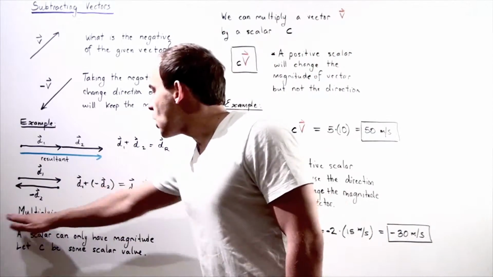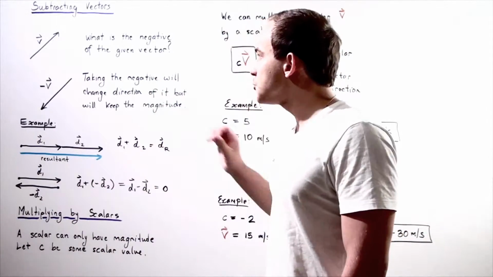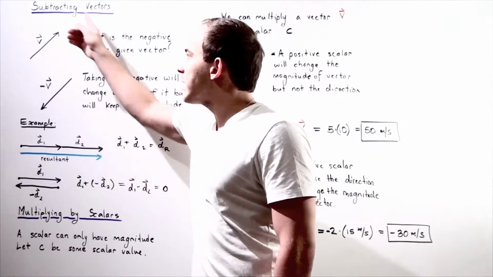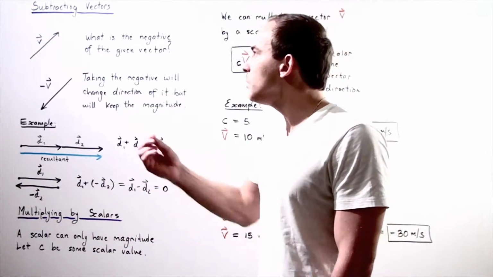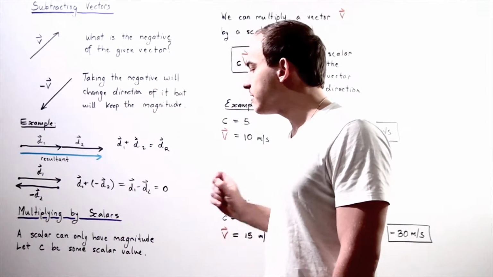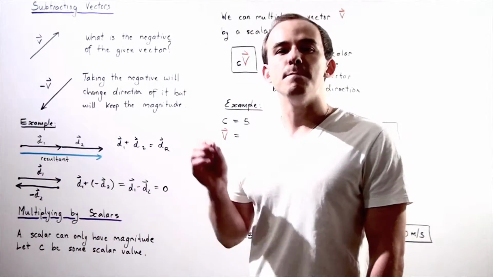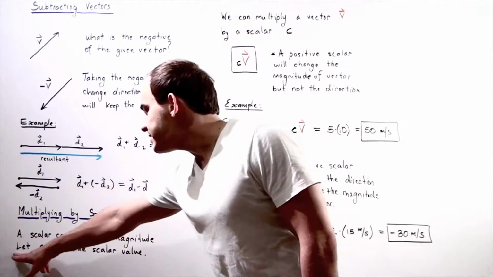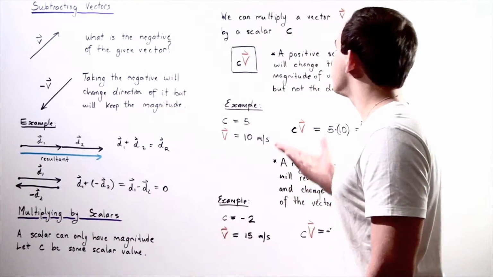Now, let's talk about multiplying vectors by scalars. Actually, whenever we change direction by multiplying by -1, what we're doing is multiplying our vectors by a scalar value of -1. So, recall that a scalar can only have magnitude. Now, let's suppose that c, lowercase c, is our scalar value.